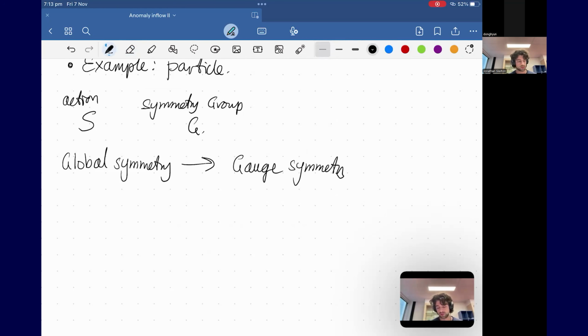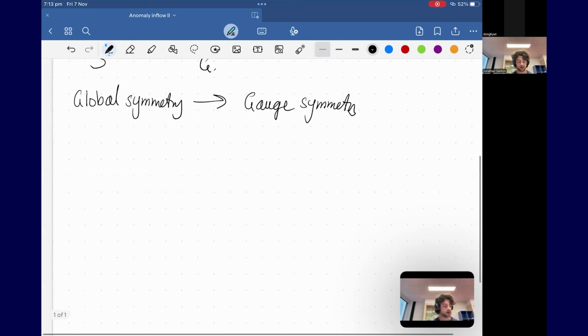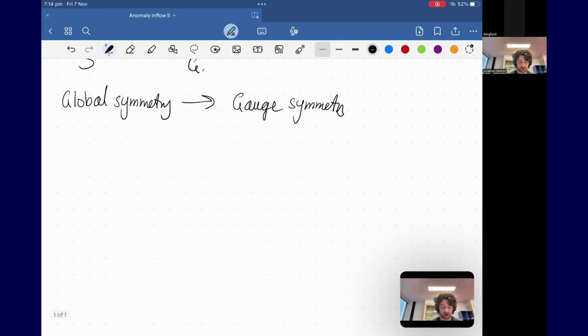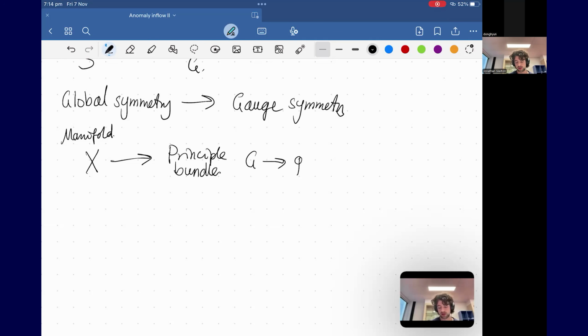So we take our theory, which is defined on some space X, which is just the manifold on which the theory is normally defined, and we associate with it some sort of principal bundle, where G is now a gauge group.